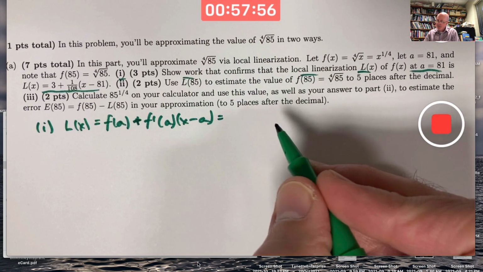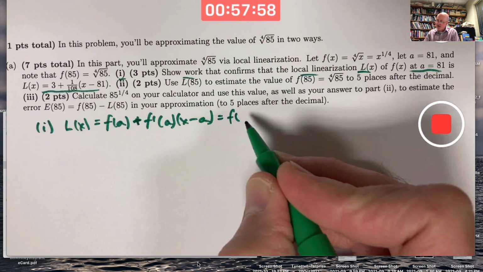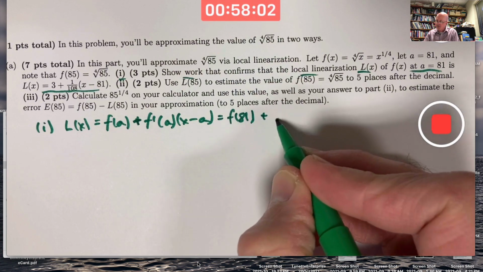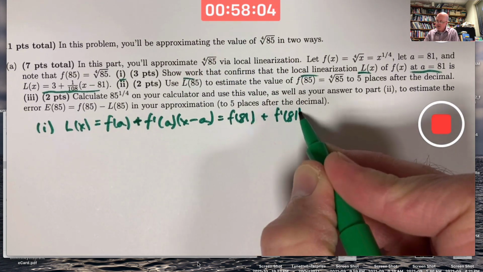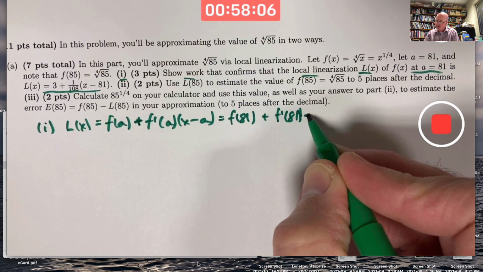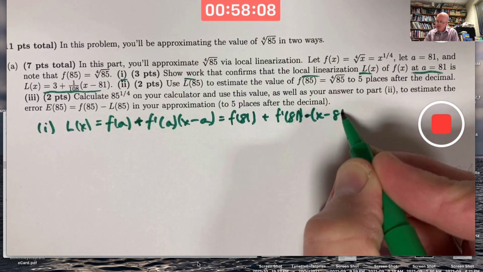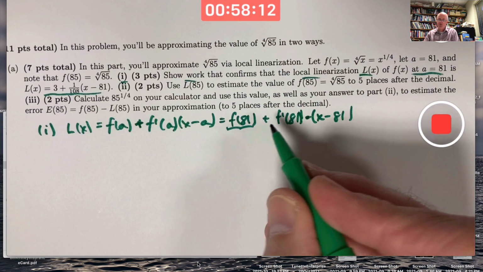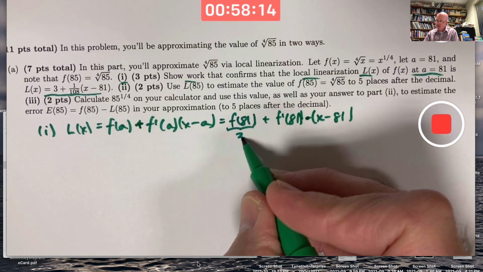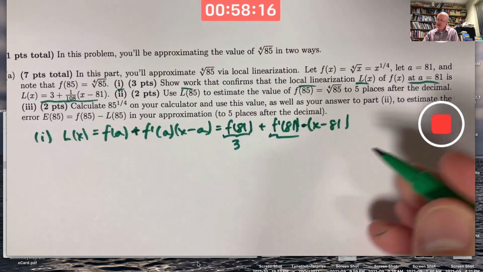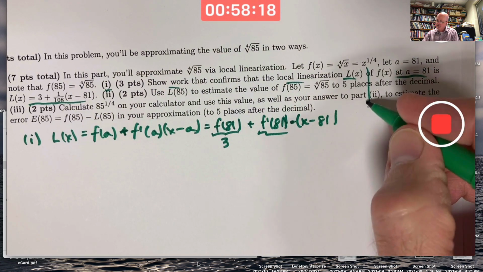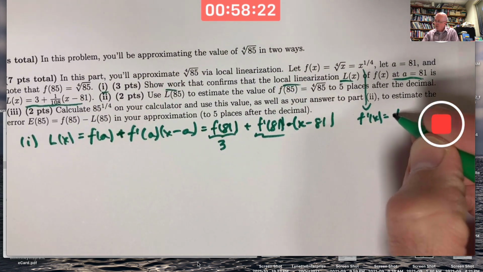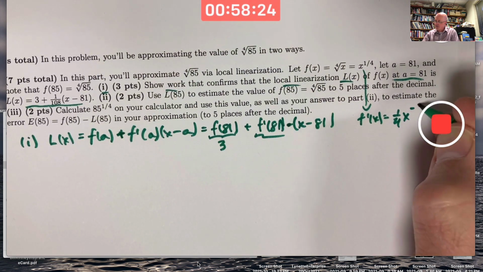So this is f of 81 plus f prime of 81 times x minus 81. F of 81 is the fourth root of 81, which is certainly 3. F prime of 81, I need the derivative. F prime of x is 1/4 x to the -3/4.